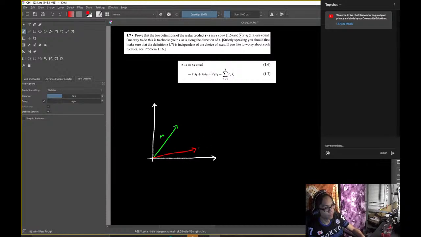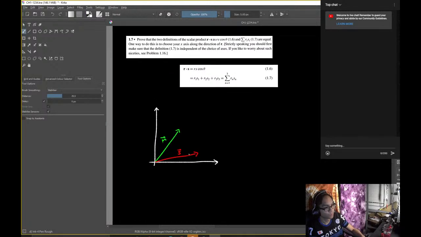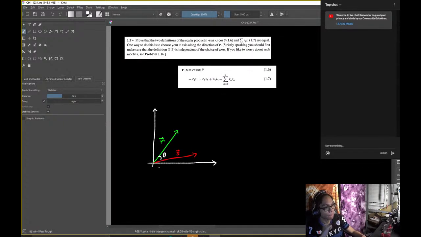And then this would be vector s. This is vector r. And this would be theta. They're going to have their own lengths.